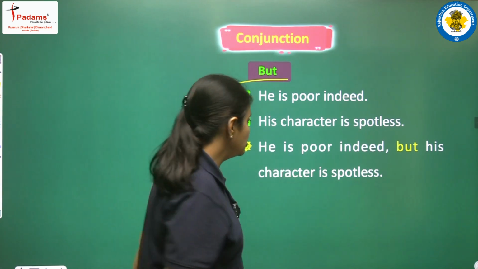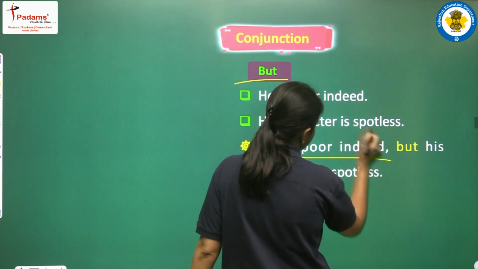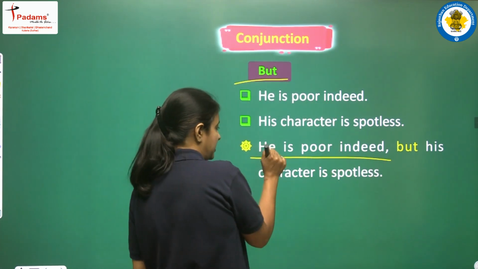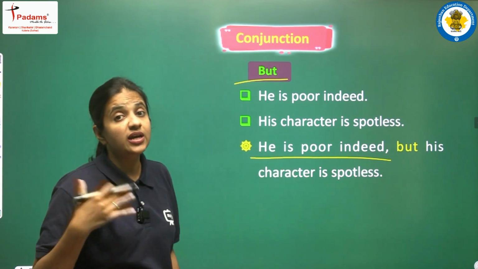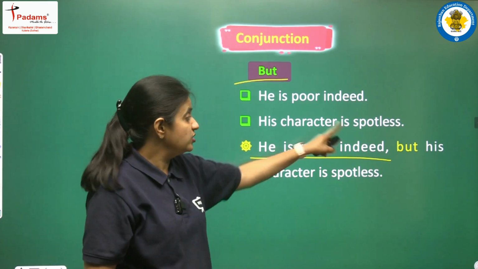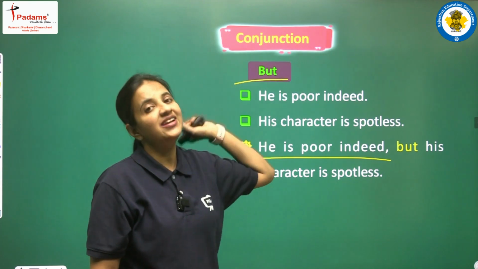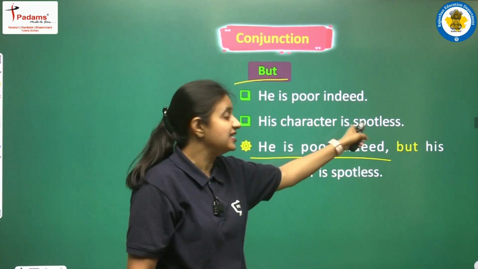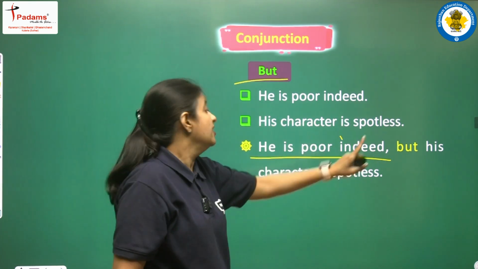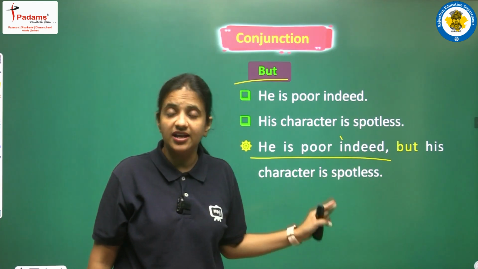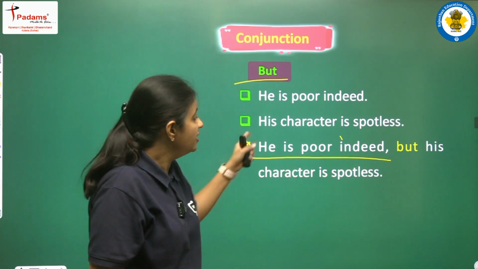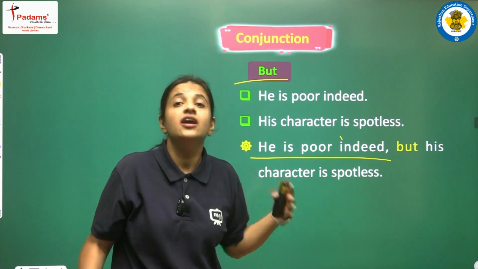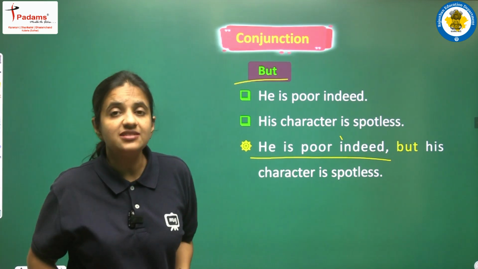Let's see how we can use it. First of all, we write the first sentence as it is: he is poor indeed. Next we use but, that is our conjunction, and after but we write the second sentence as it is, that is, his character is spotless. So the complete sentence will be: he is poor indeed but his character is spotless.